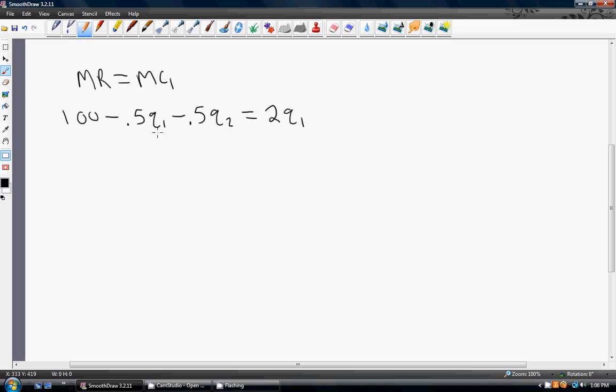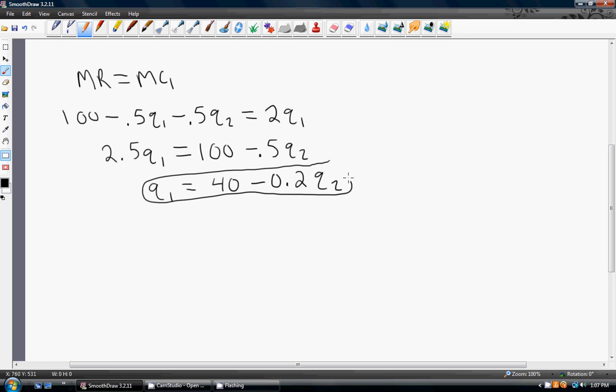What I'm going to do now is solve this equation for Q1, and then divide through by 2.5, and we get that following result. Let me just circle that for our attention. Now we're going to do the same thing, but this time setting marginal revenue equal to the marginal cost of plant 2.